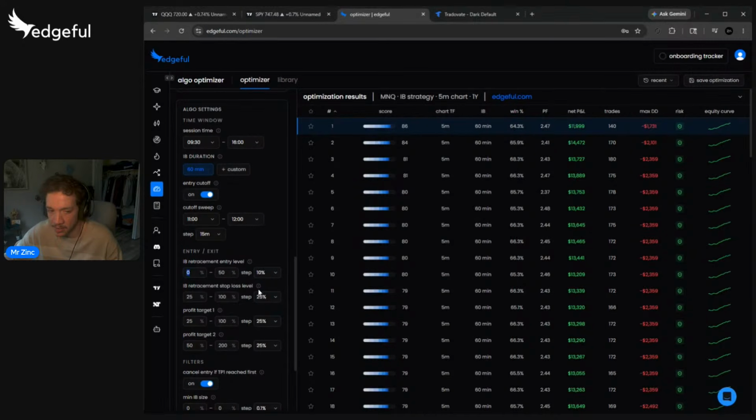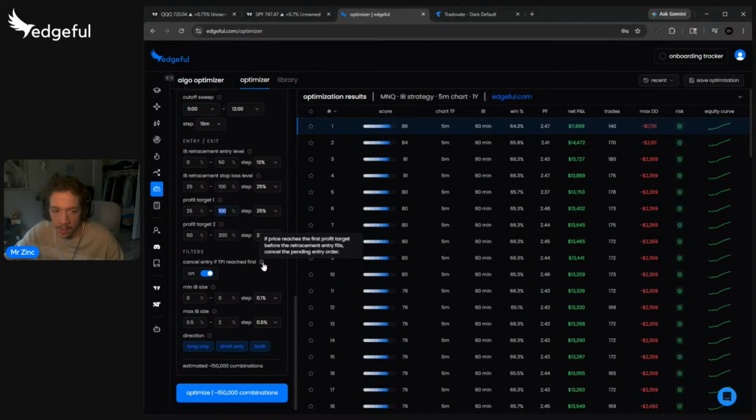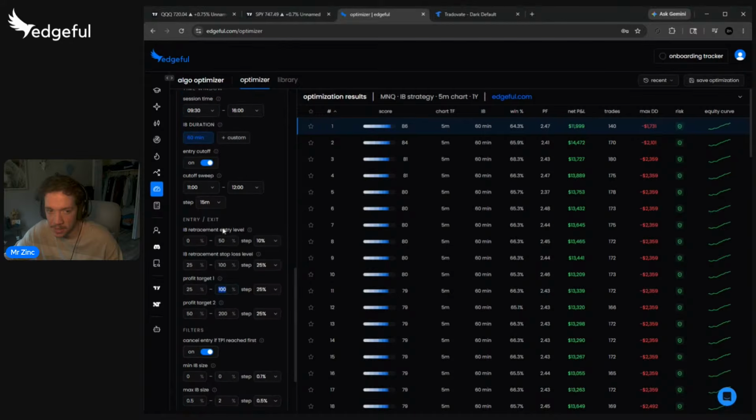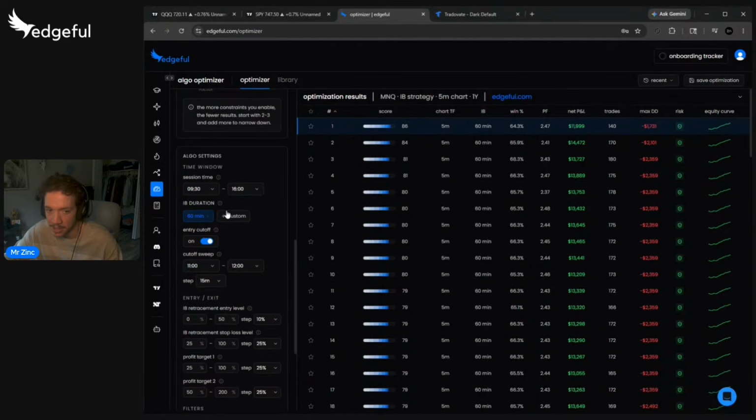It's at 0. Stop loss is at 100% of the IB. Profit target is at 100% of the IB. So first profit target on the IB is either the IB high or the IB low. Cancel TP if entry, or cancel entry if TP is hit first. We have that on. I have it set to cutoff time at 11, and then duration of the IB is 60 minutes.